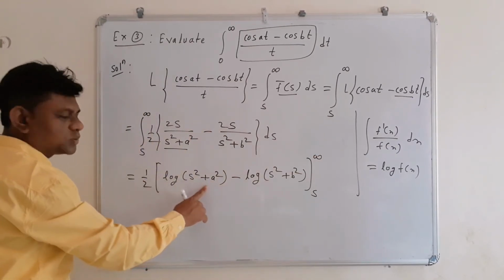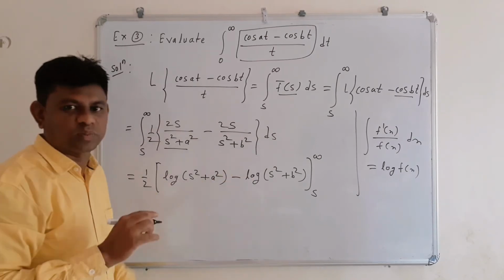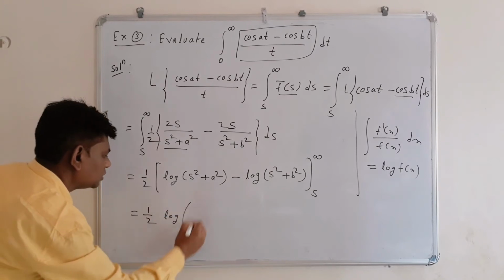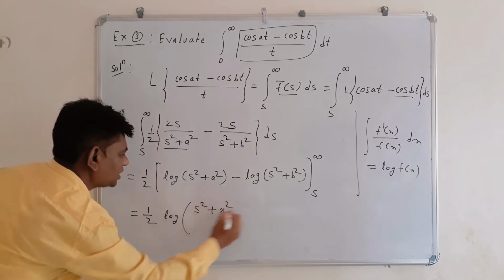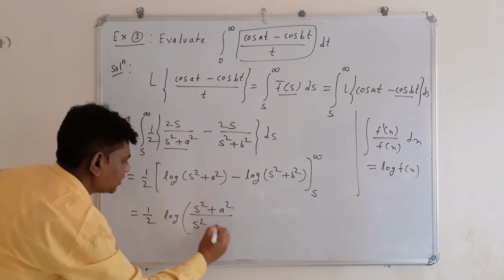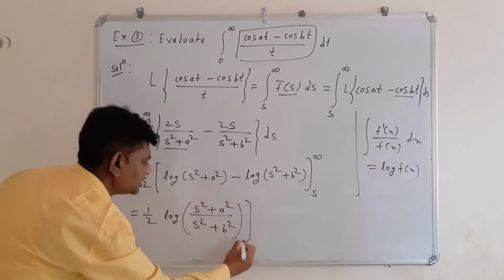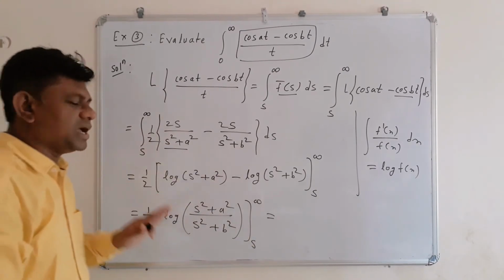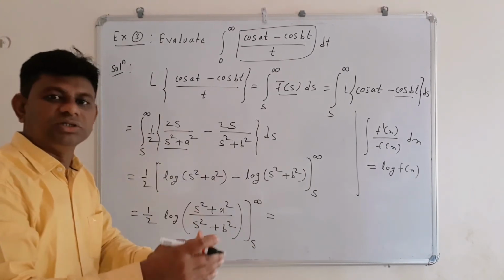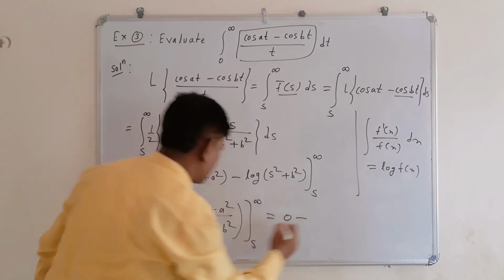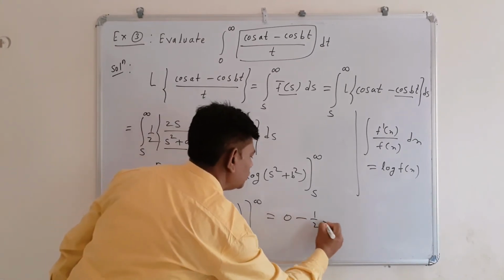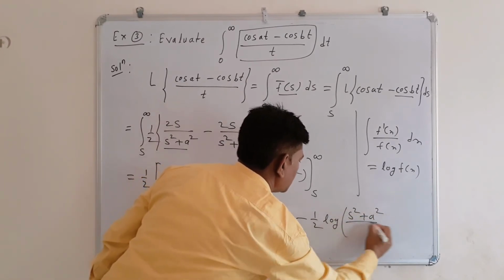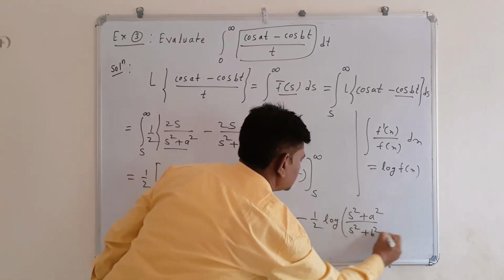Now log s square plus a square minus log s square plus b square gives log of s square plus a square upon s square plus b square, with limits s to infinity. Now by substituting the upper limit, the answer is log 1, which means 0, minus the lower limit, half log of s square plus a square upon s square plus b square.